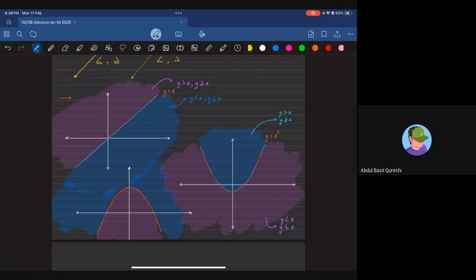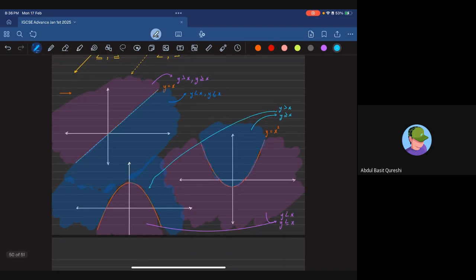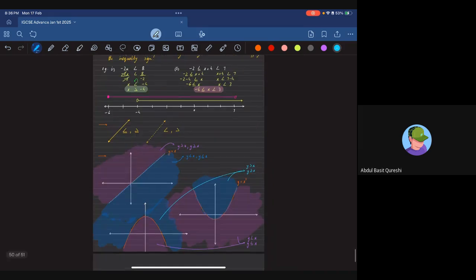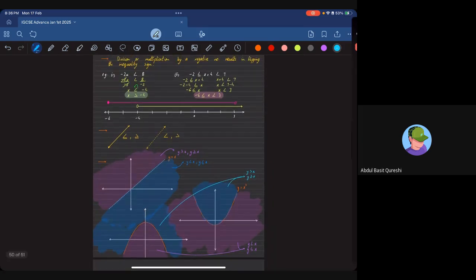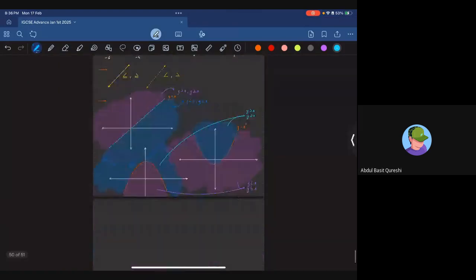Again, the same thing is going to apply. Less than, greater than. Clear? Is there anyone who still doesn't get this? Anyone at all who's having issue with this?